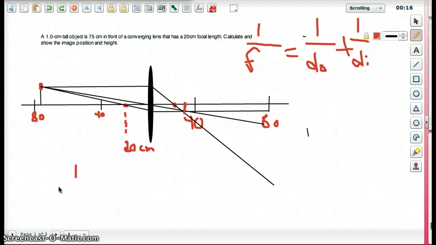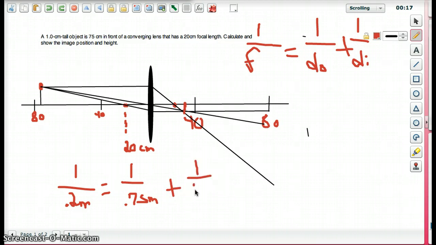So we know the focal length is 20 centimeters, which is 0.2 meters. And we know that equals 1 over the distance of the object away from the lens, which is 75 centimeters, so 0.75 meters, plus 1 over the distance of the image, which is what we're solving for.